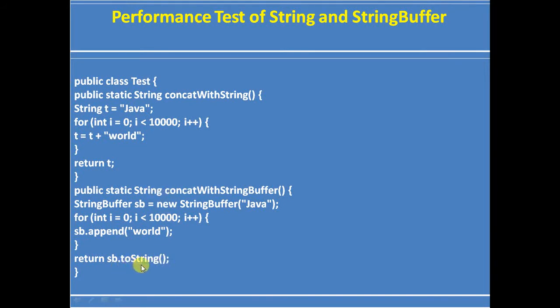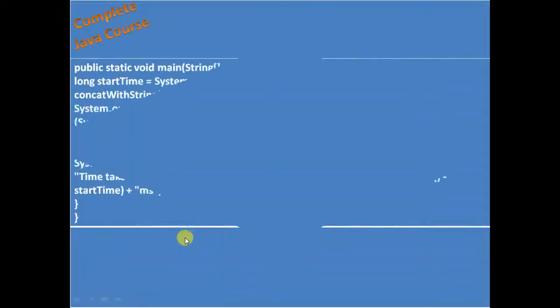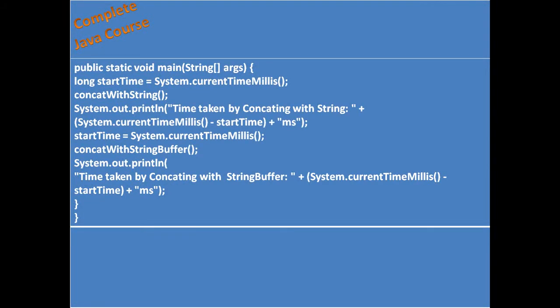Or we just call the toString method, which converts the StringBuffer object to a String object. Now we check the time: how much time is taken to append "World" 10,000 times using the String object, and how much time is taken by StringBuffer to add the "World" string into the "Java" string.